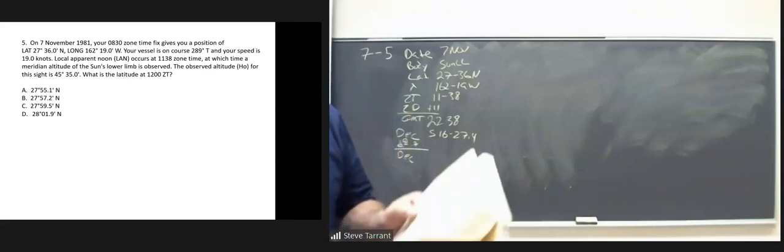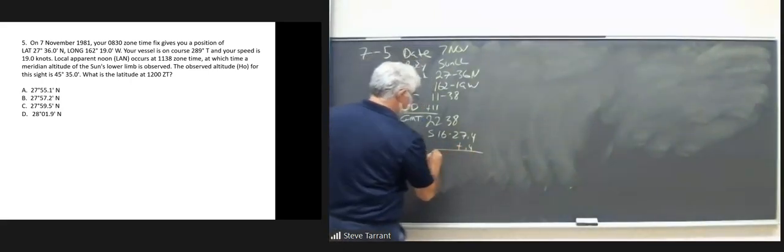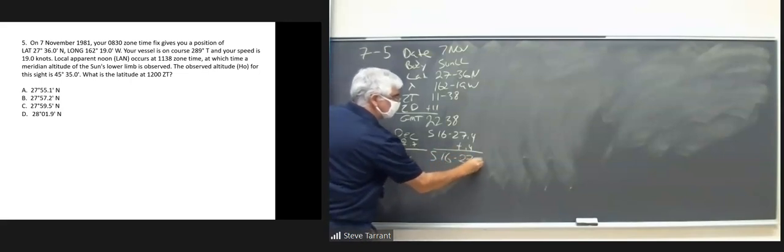So I go to the back of the book, 38. There's 38 minutes. Here's the D. 0.7 is 0.4. So we add 0.4. So that's south 16 27.8.